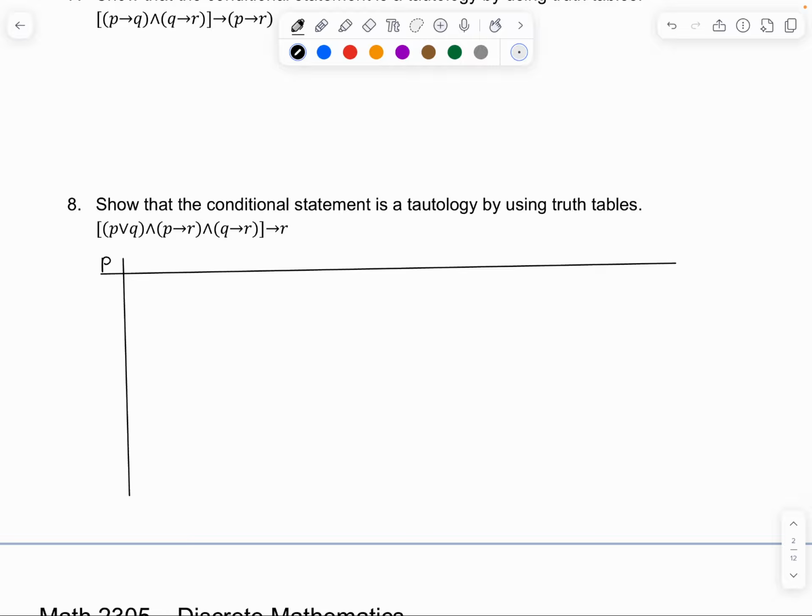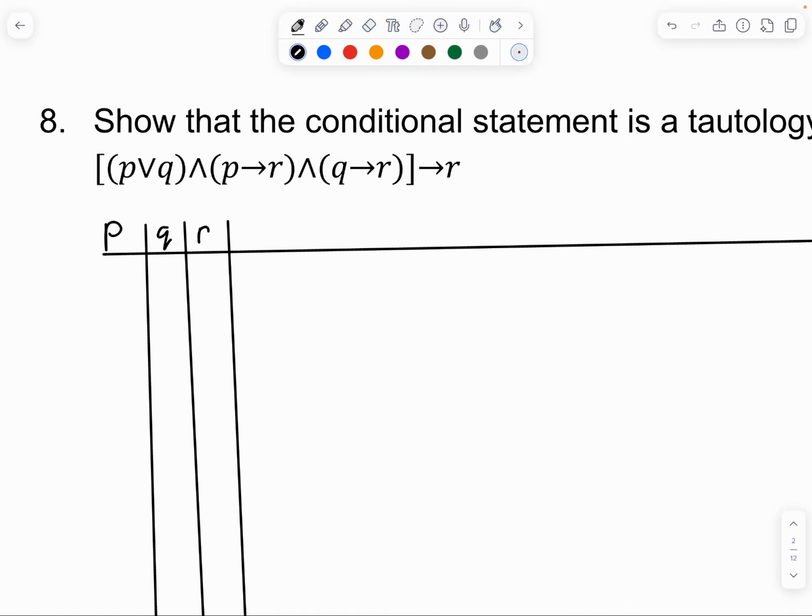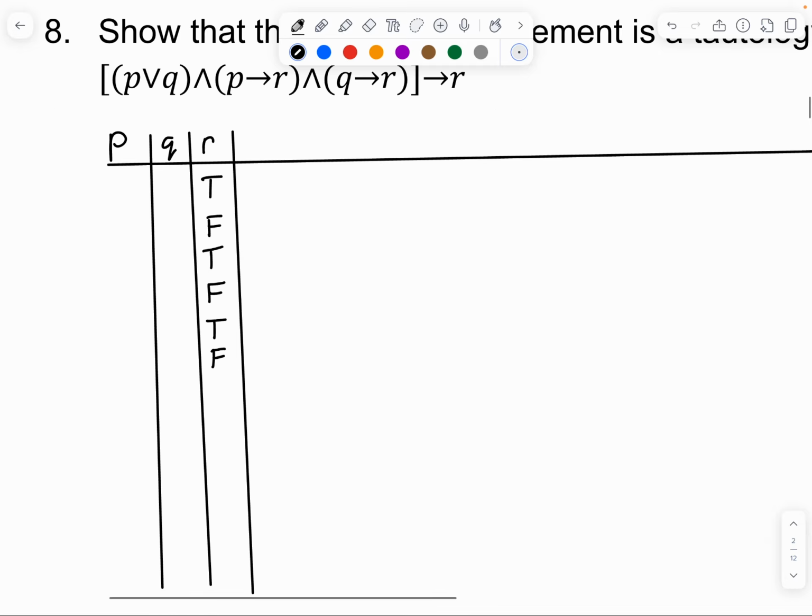So we're going to have P, then Q, then R. But again, the one on the far right alternates true, false, true, false, true, false, true, false. The one next to it is true, true, false, false, true, true, false, false.